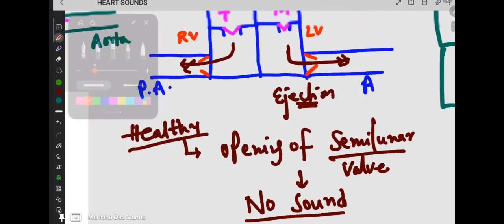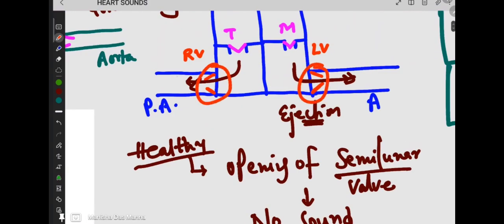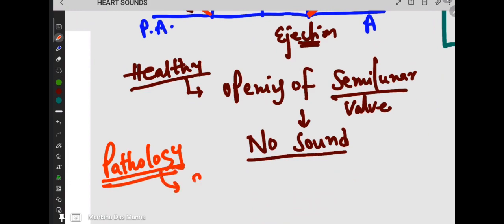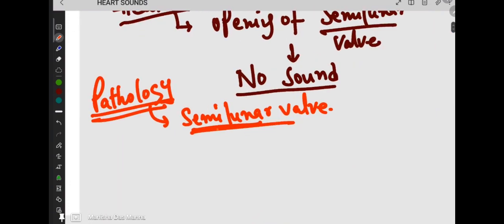But if any pathology or abnormality is associated with these semilunar valves, like the aortic valve and pulmonary valve, then obviously... Any pathology to the semilunar valve means what?